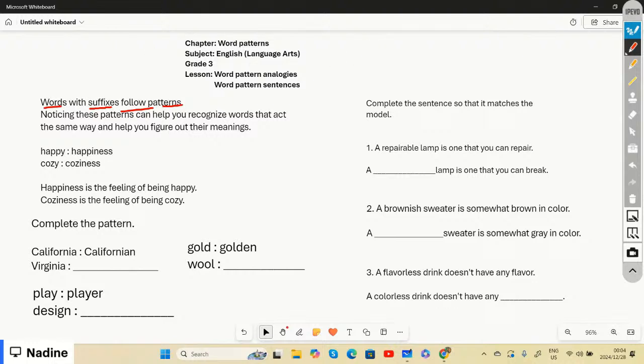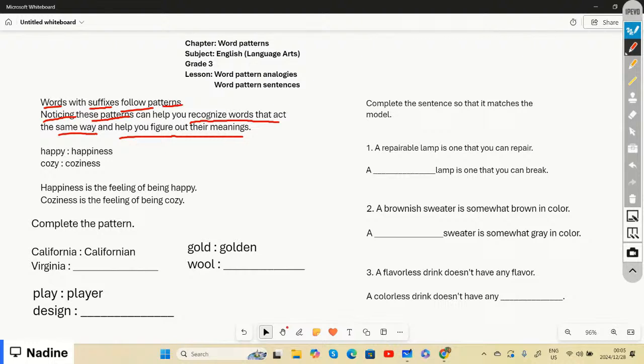Noticing the patterns that suffixes follow can help you to recognize the words that act the same way, and it will also help you to figure out the meanings of these words.